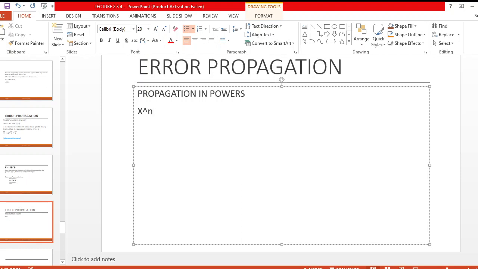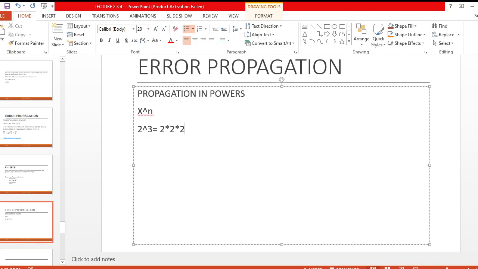For example, if I take 2 raised to the power 3, what it means is I should multiply 2 by 2 by 2, like multiplying 2 three times.